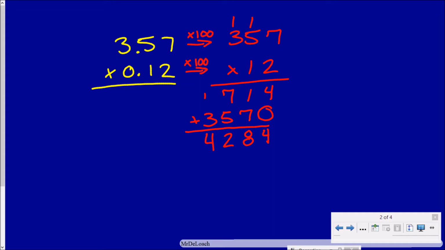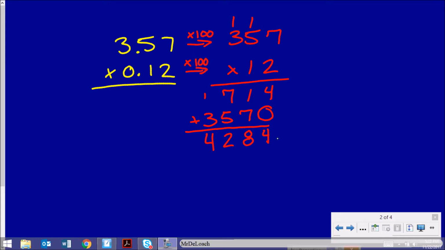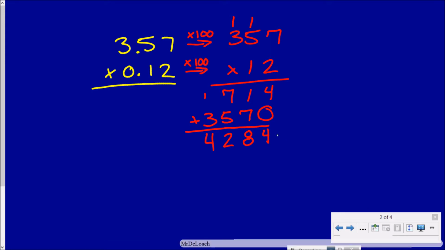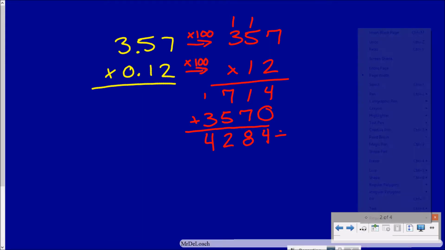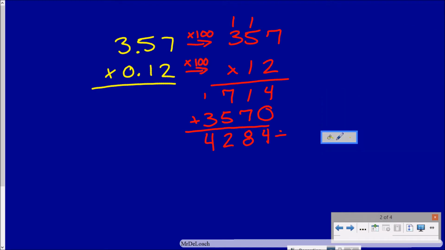But remember that we multiplied both factors by 100. So if you think about the product of 100 and 100, it is 10,000. So what we're going to do to get our final answer here is divide 4,284 by 10,000. And dividing it by 10,000 is going to give us a final answer of 4,284.